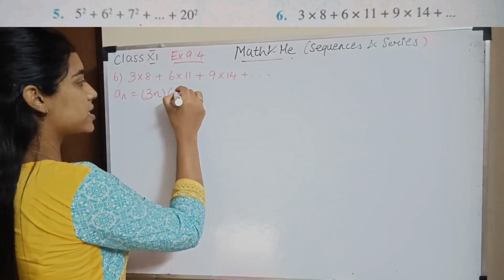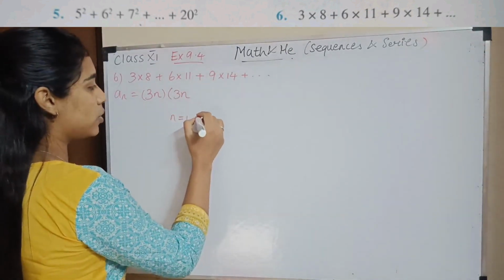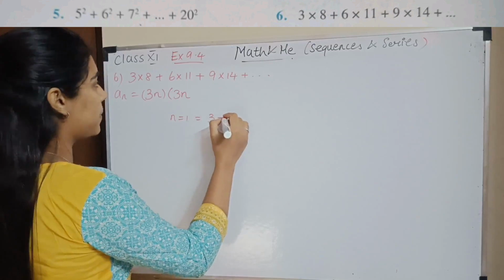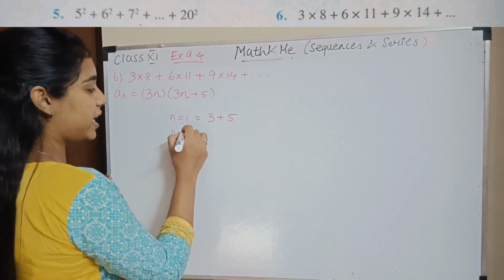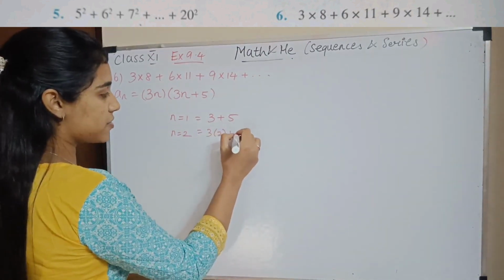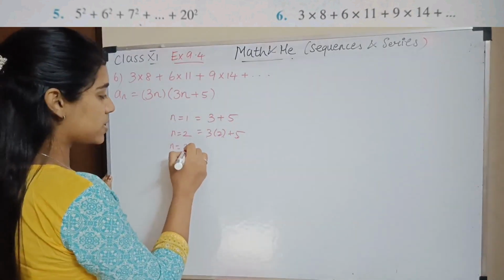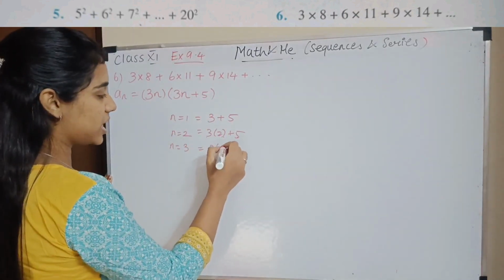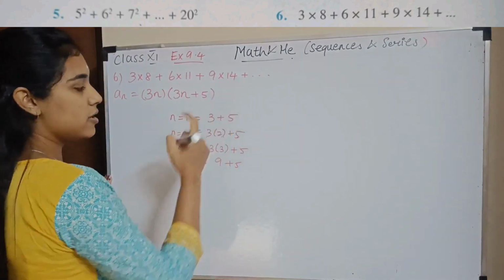So what I'm going to do is, I'm going to write 3n. When n equals 1, what do I have? 3 plus 5n. So I'll write plus 5. Now let's check for n equals 2. When n equals 2, I have 3 times 2 plus 5. So 3 twos are 6, 6 plus 5 is 11. Similarly, n equals 3, which means 3 times 3 plus 5, which is 9 plus 5, which is 14.